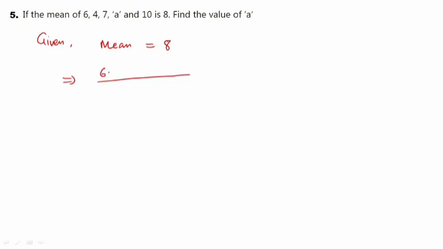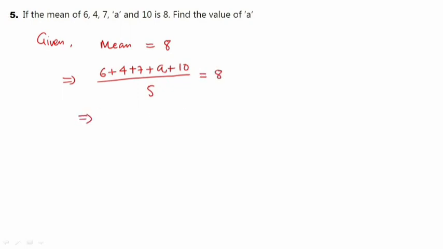Observations are a, 6, 4, 7, 8 and 10, right? And divide this by the number of observations. So what is the number of observations? We have exactly 5, right? 1, 2, 3, 4, 5. So we will divide by 5. This is also nothing but the mean. So this mean is equal to 8, right?